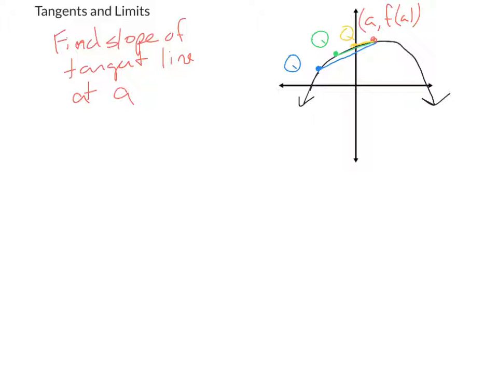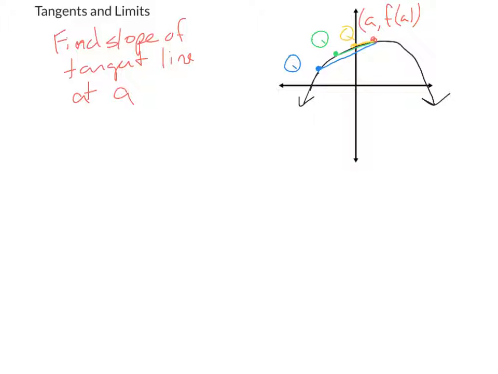We noticed that as our Q got closer and closer to our point a comma f of a, the slope of that secant line approached the slope of the tangent line. And that's what we did previously. We made a whole bunch of x and y charts, and we made an attempt to find the slope of all of those secant lines just to see what number it would be approaching so that we could find the slope of the tangent line.